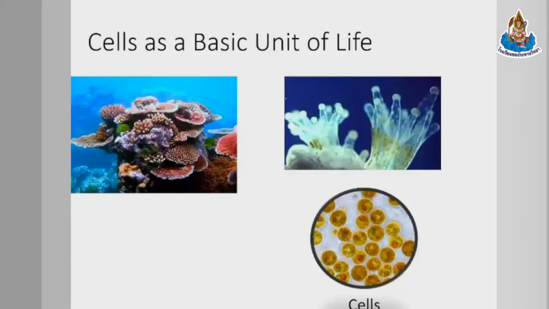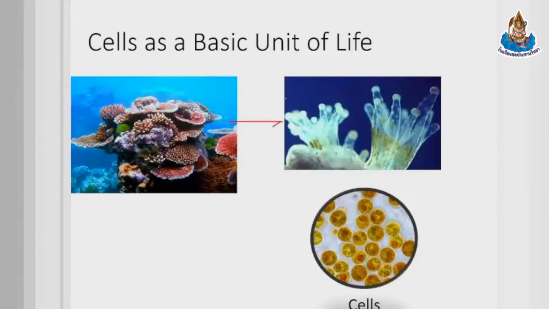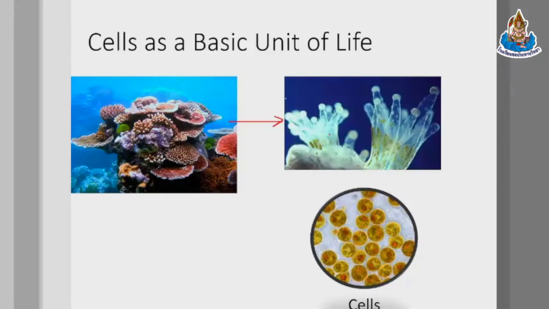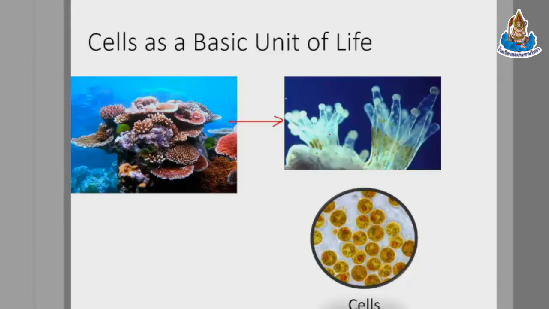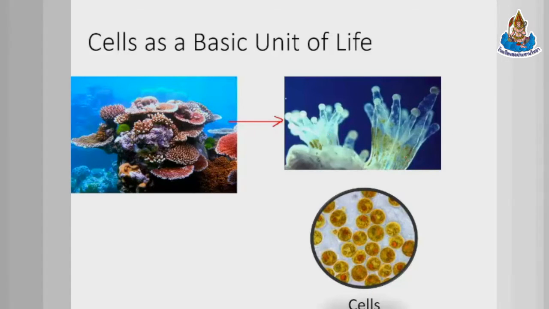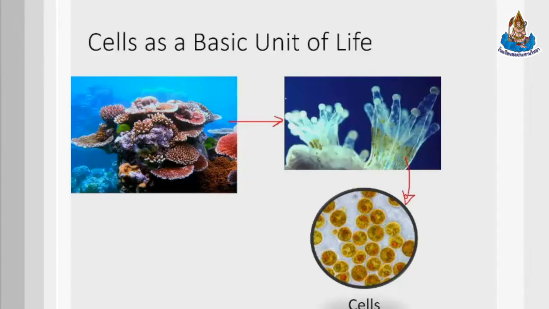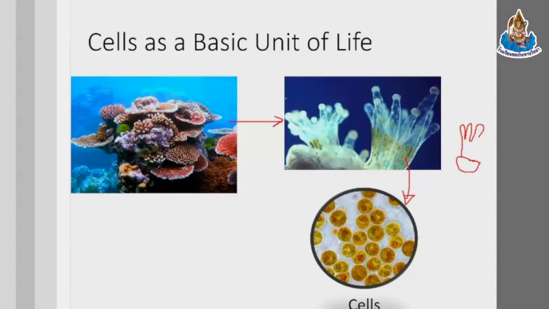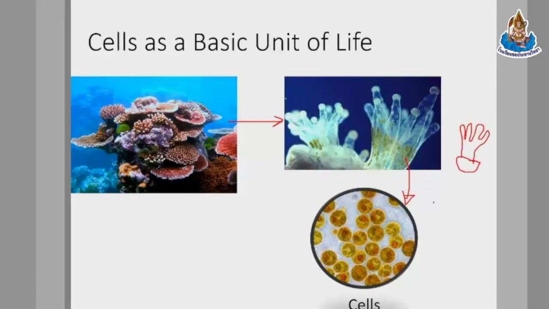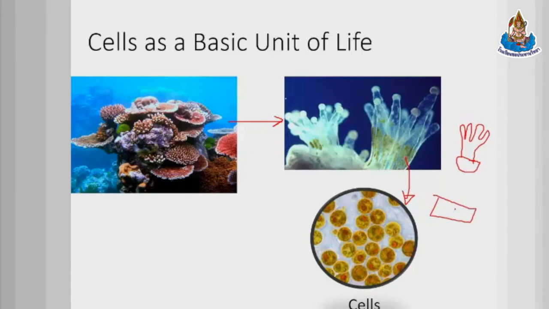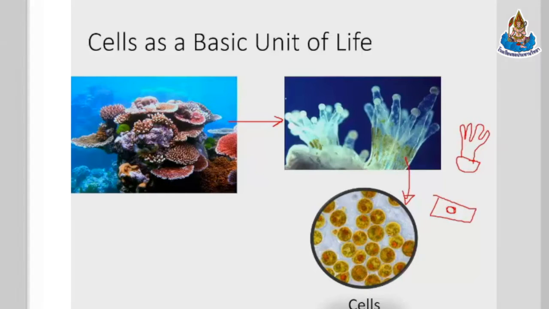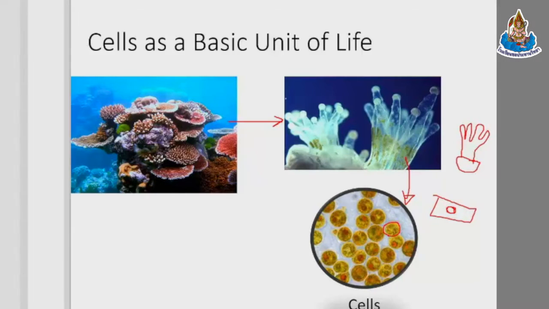Coral also has cells. From this big coral you see, it has small parts like this. It's like a jellyfish upside down. And when we cut them into a thin slice and look at a microscope, you will find the tiny structure of cells like this.